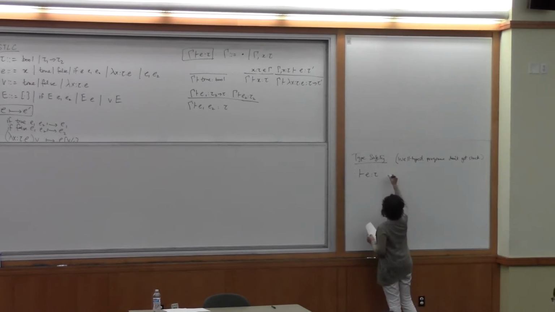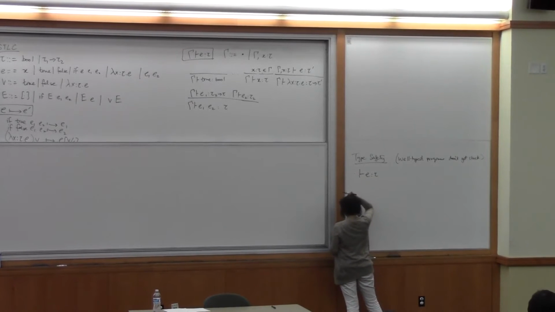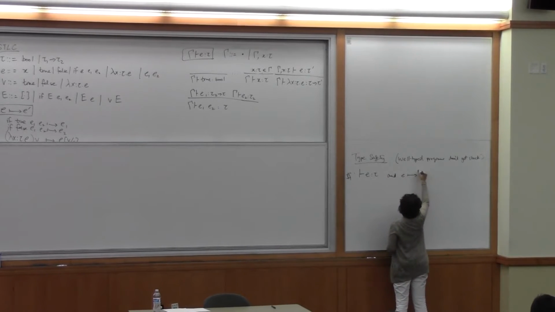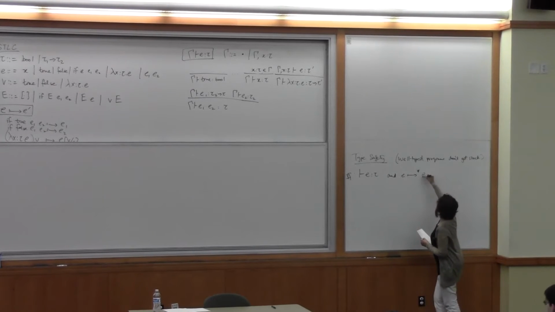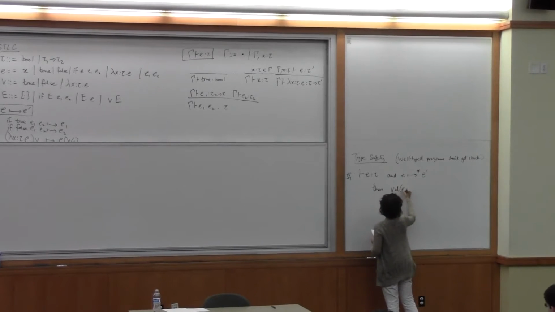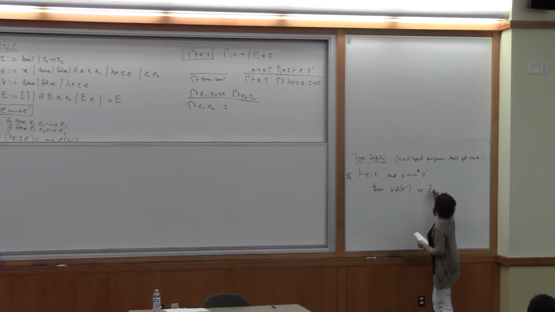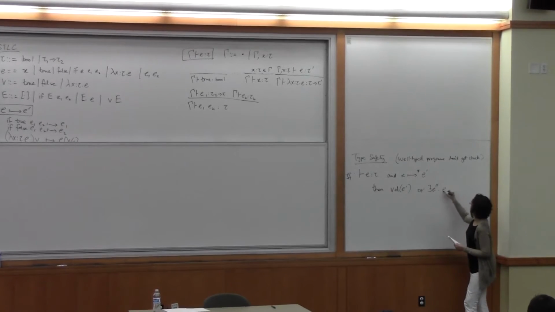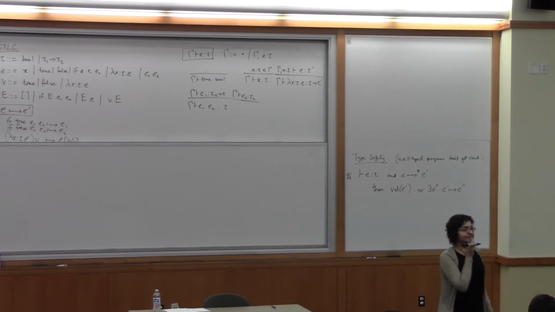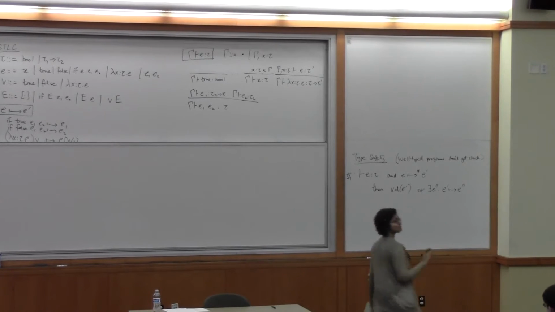If E is a well-typed closed program, and E takes, let me say, some number of steps to E prime, and it doesn't matter how many, some number, then either that E prime is a value, or there exists another E prime such that E prime can take one more step. Yes? Do we also need that E prime is of type T? Ah, you're thinking preservation.